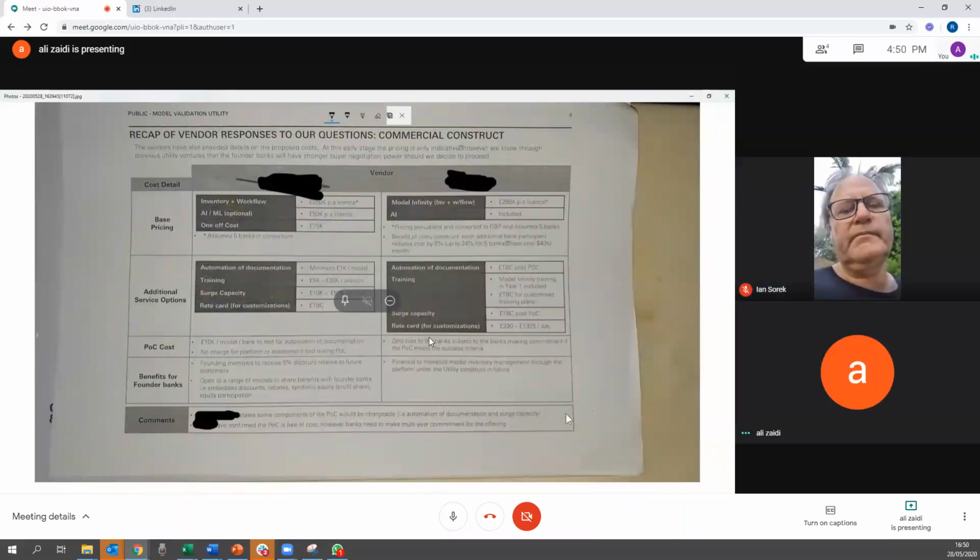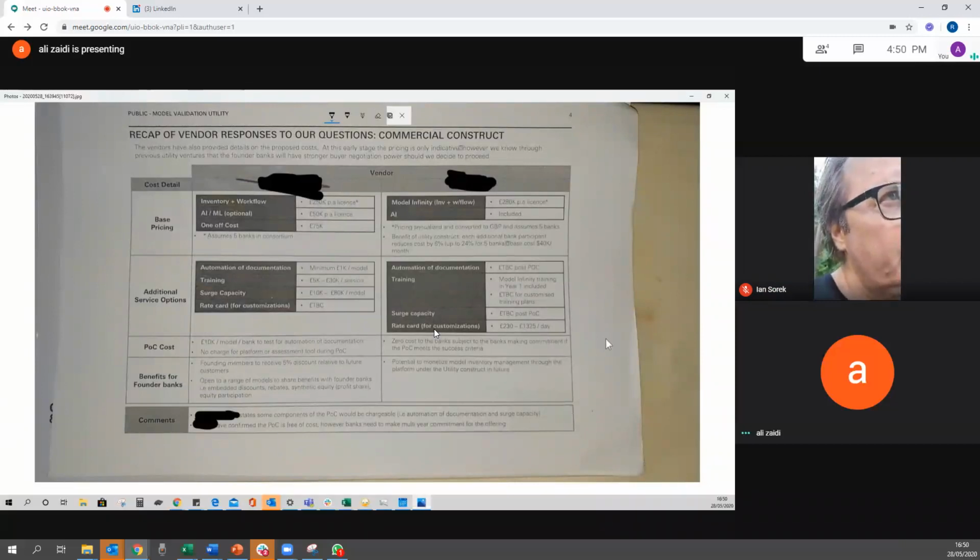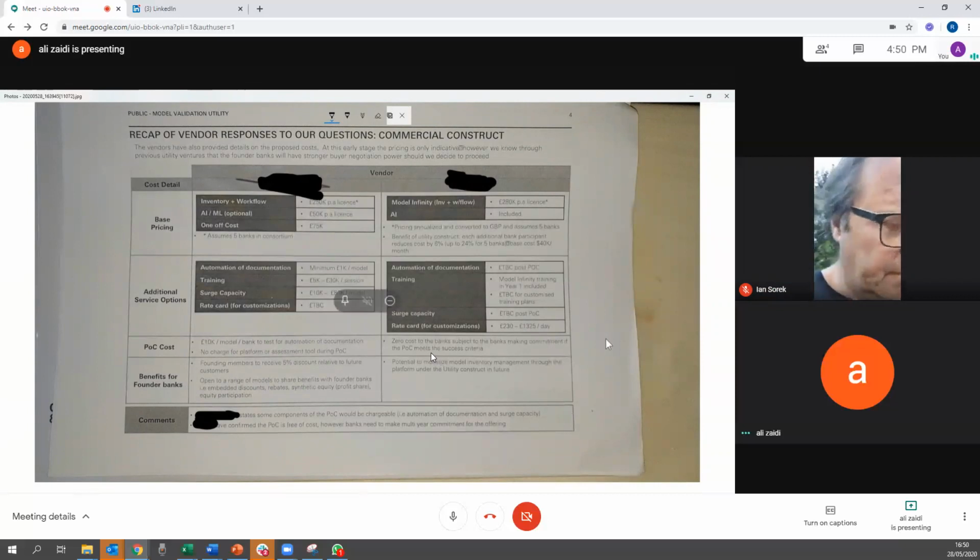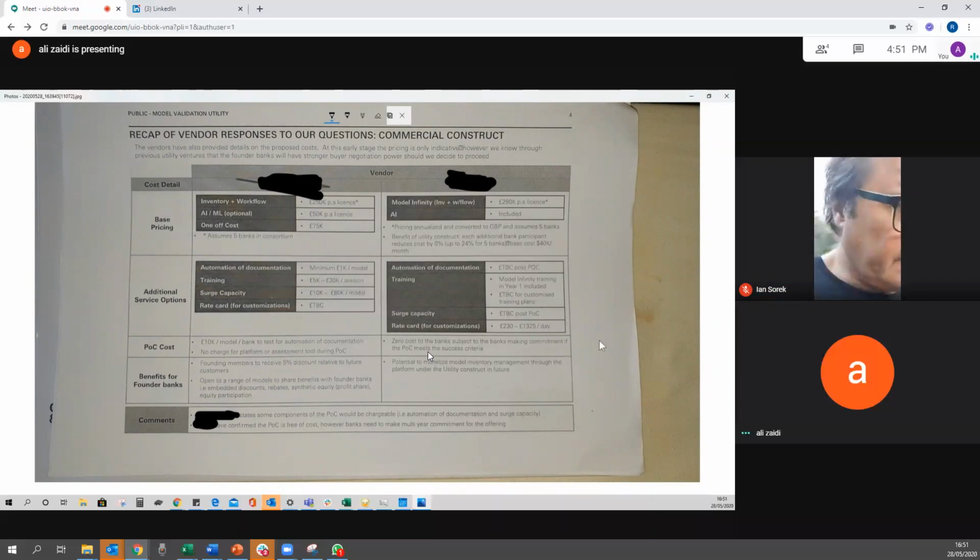The good thing is that the bank has chosen the option on the right, which has not many variations like AI extra, one-off cost extra, servicing extra. And there's a good criterion for the POC, which is effectively zero cost, provided it meets the success criteria. Right, Ali? Yeah.